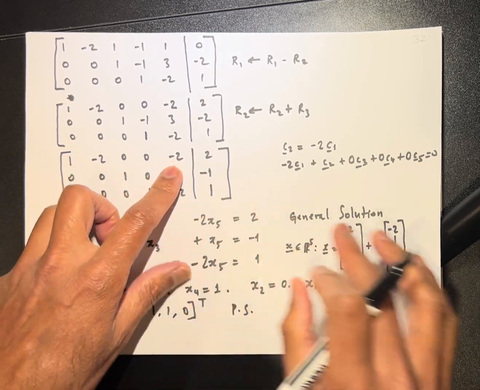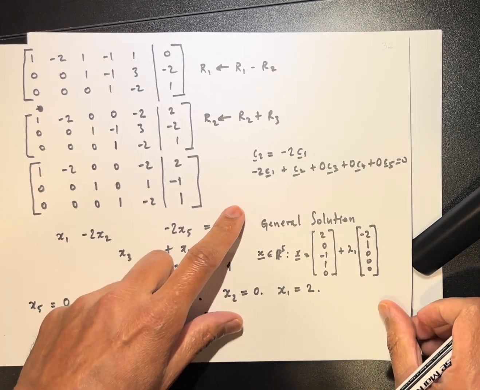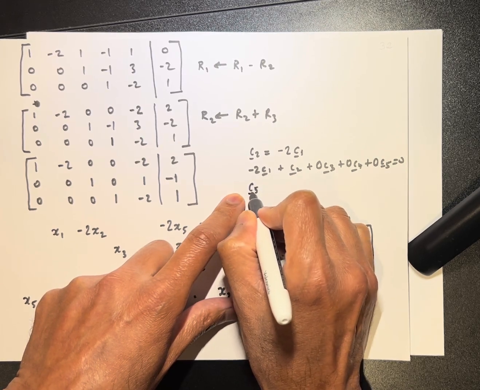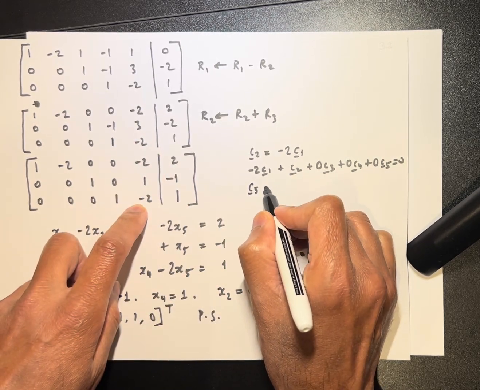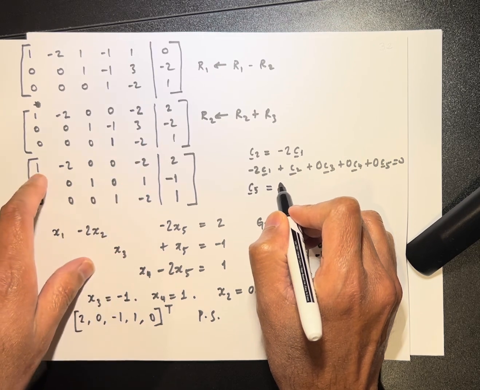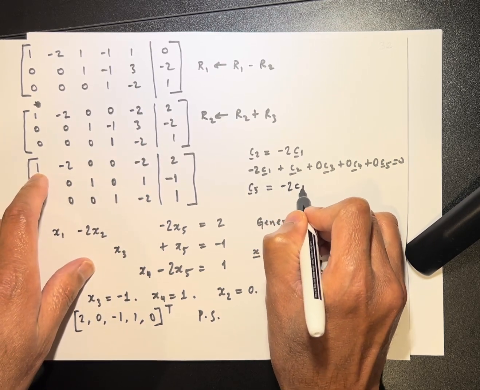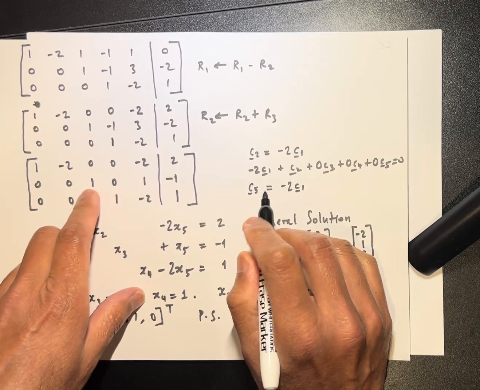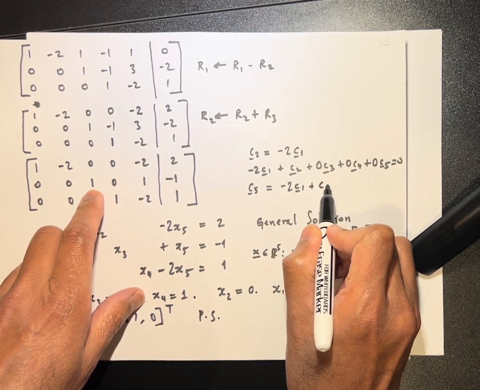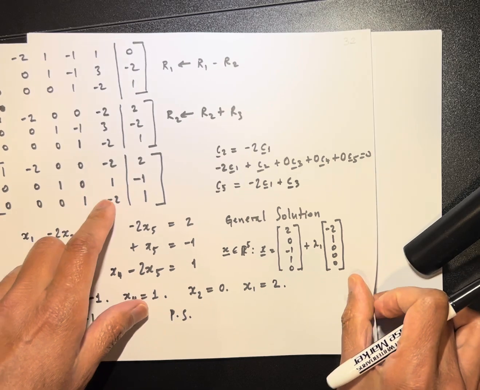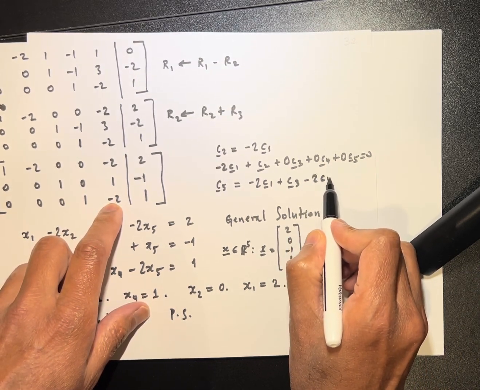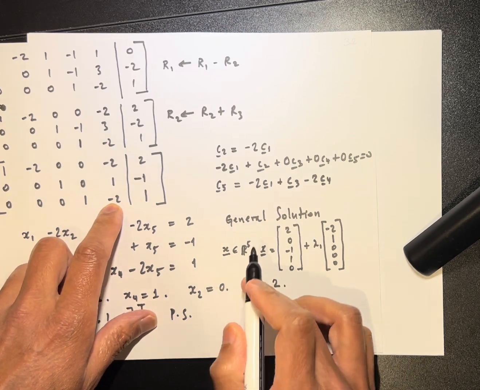And then similarly we write this fifth column C5, this one equals -2 times C1, and then for getting this one we need to add C3, and then to get this -2 again we have to add -2 times C4, right?